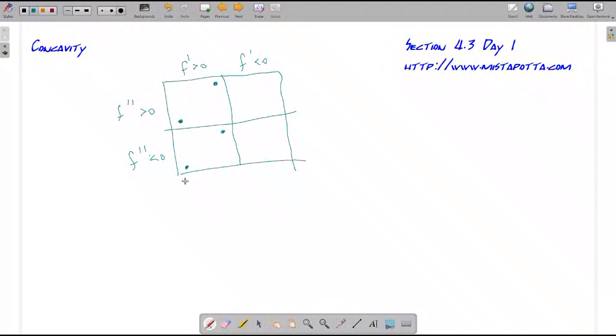Well, if my function is already increasing, but the slopes are getting larger, that means that my line is getting steeper. And so that means I've really got this cup shape that's opening upwards.